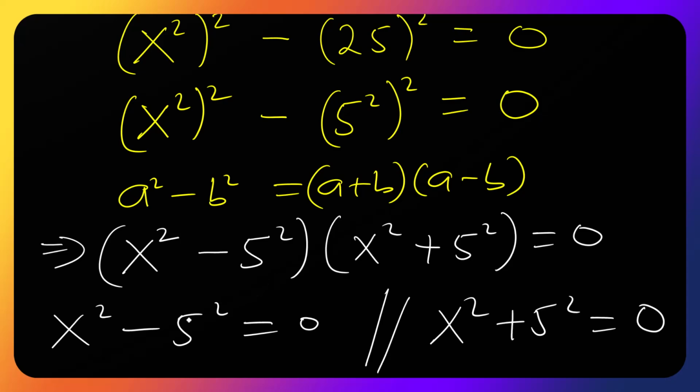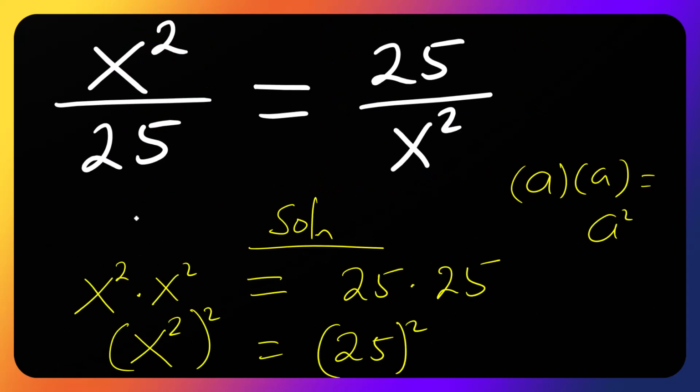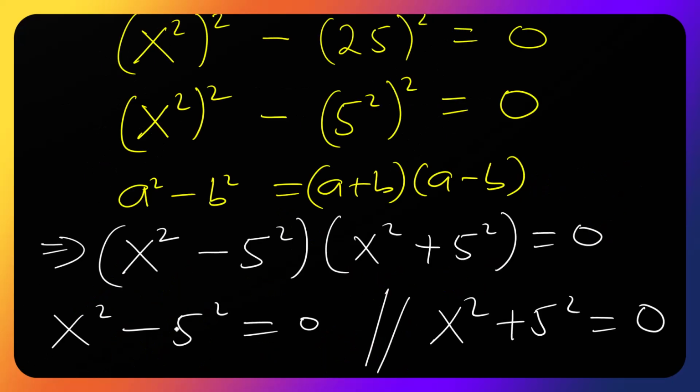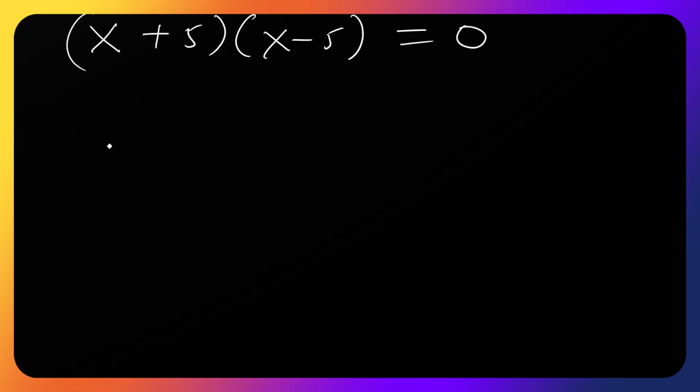Now, since the highest power here is 4, x squared times x squared, that will be x to the power 4, we are expected to get 4 solutions here. So x squared minus 5 squared, we will still apply the difference of two squares. That will be x plus 5, x minus 5 equals 0.